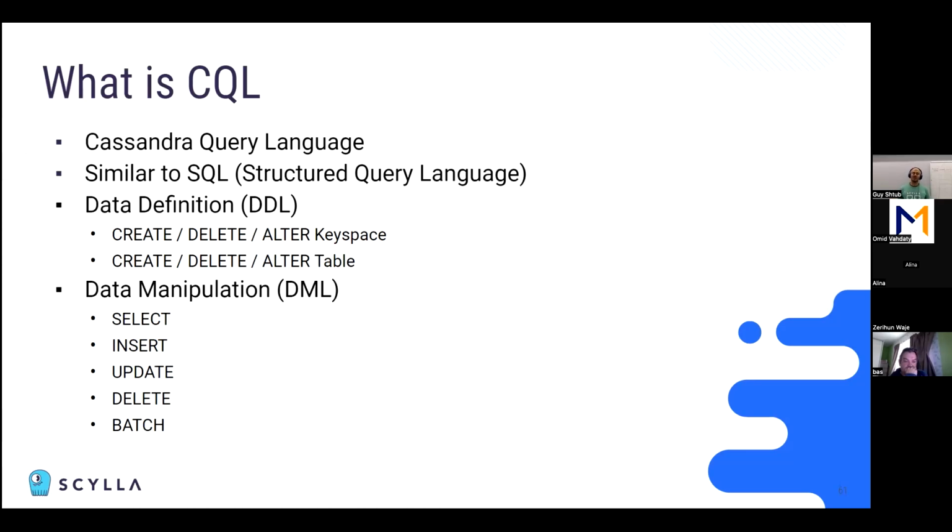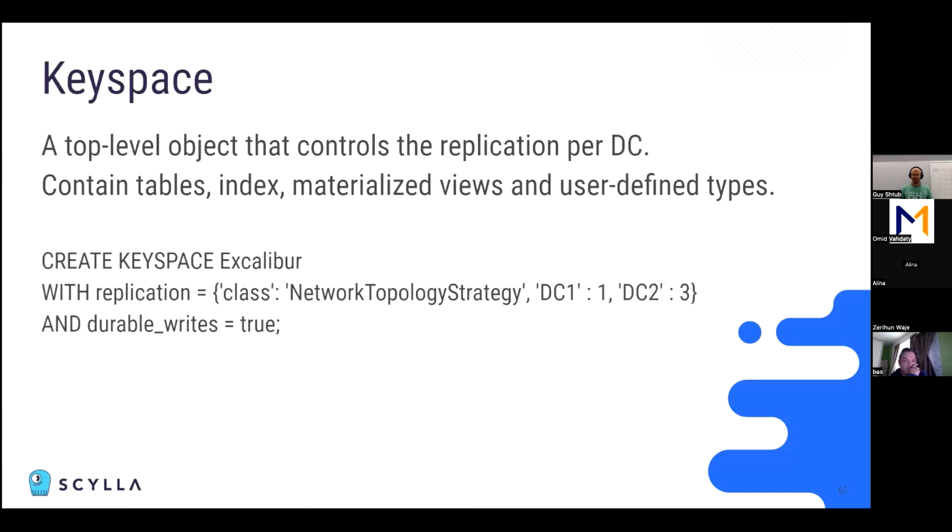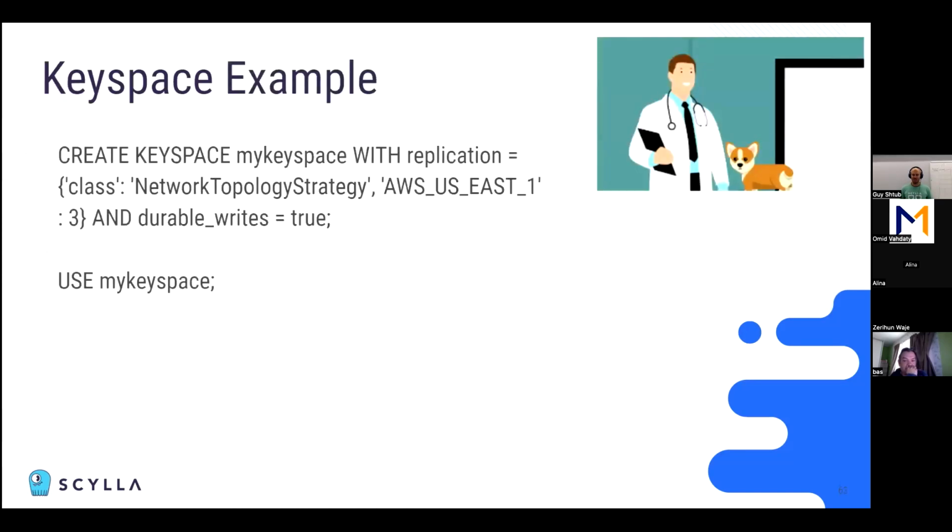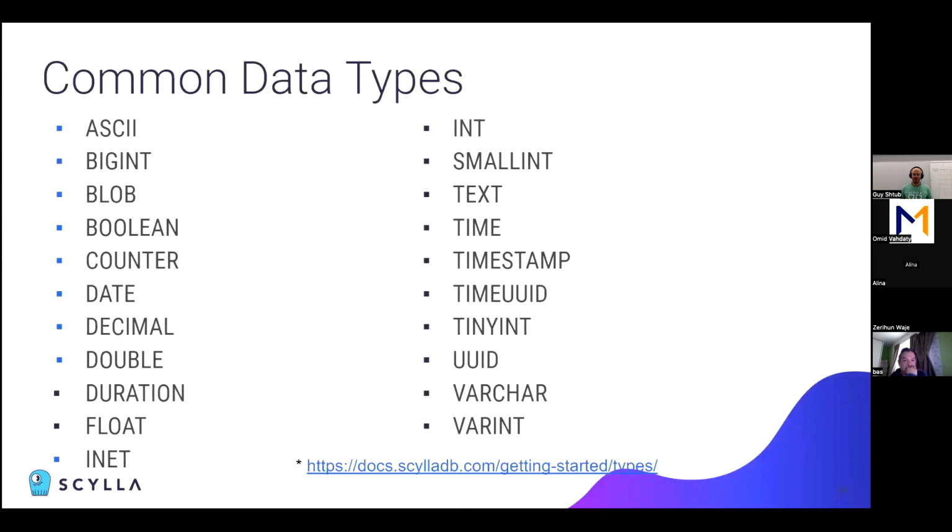CQL, it sounds like SQL, but it's different. It's the Cassandra query language, and it's a language that allows us to query the database. You can find in our documentation all the details and the different commands and the different things that you can do. So I don't want to spend any more time on that. I mentioned the key space. Different data types.